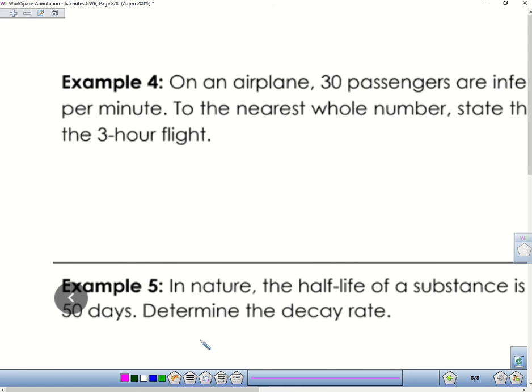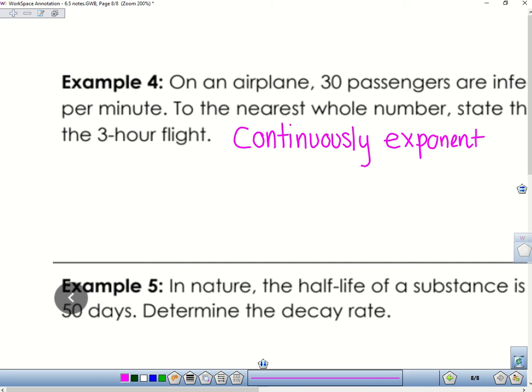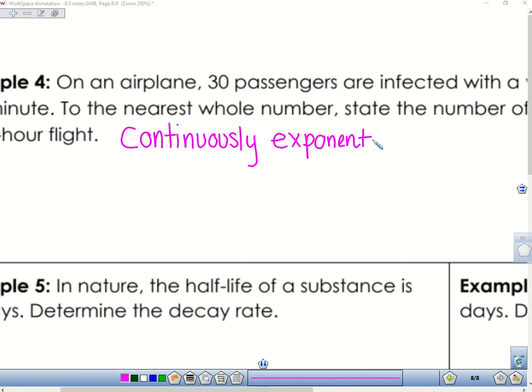Good. Continuously exponential. And is this one growth or decay? Yep. Continuously exponential growth.